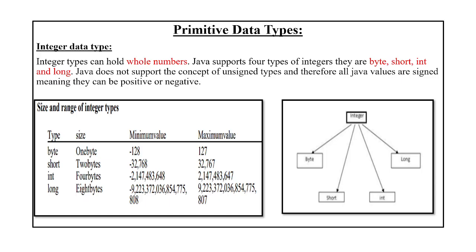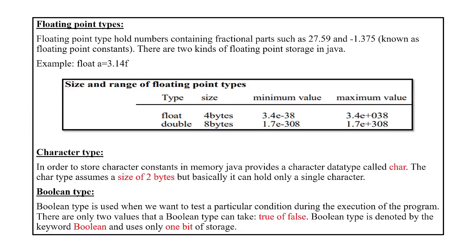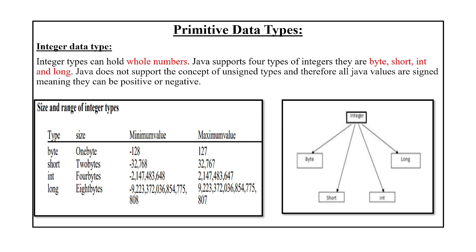Let us move to the integer data type. If you want to read any whole number, then the data types that we can use in Java are either byte, short, int, or long. If we represent it as a byte, it needs 1 byte of memory. If it is a short, 2 bytes of memory.